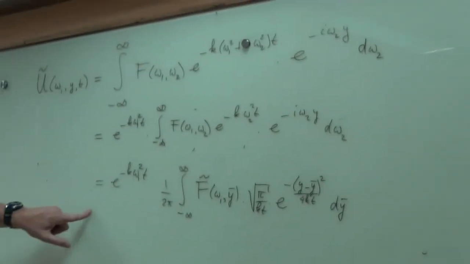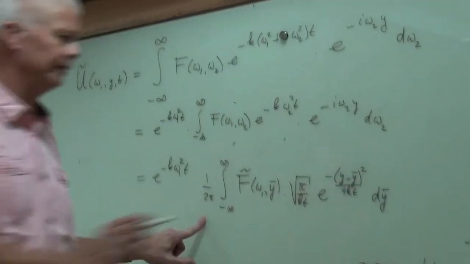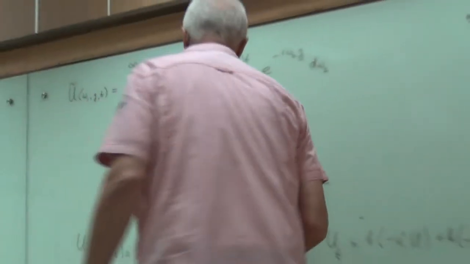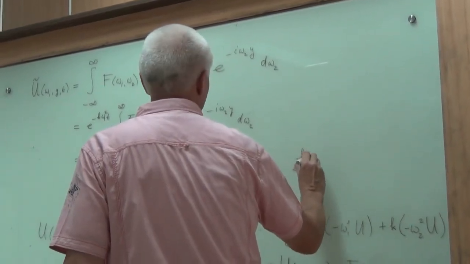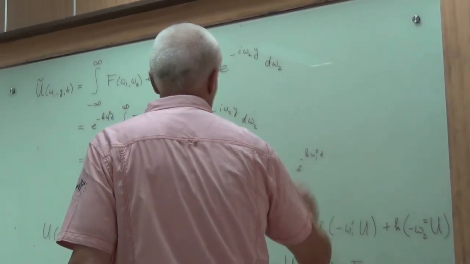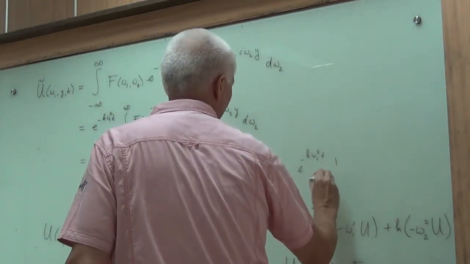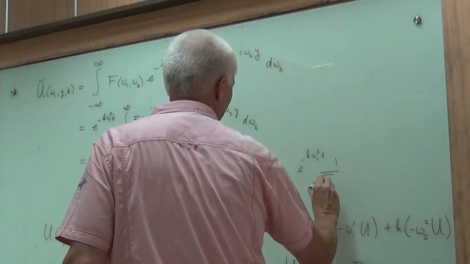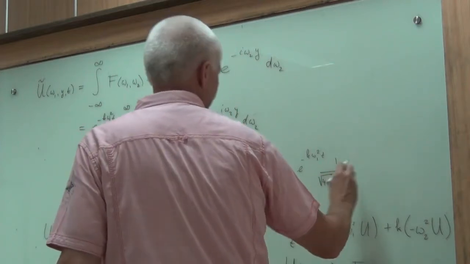Okay. So I now use the inverse transform to obtain this. And of course I can make it simpler by rewriting this as e to the power minus k omega 1 squared t. And then I can take this together to write down 1 over the square root of 4 pi kt. Then you recognize immediately what we have.